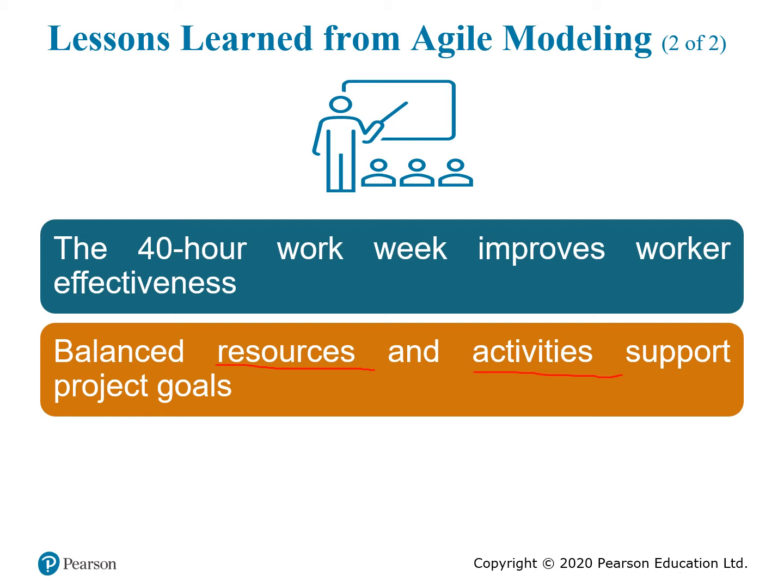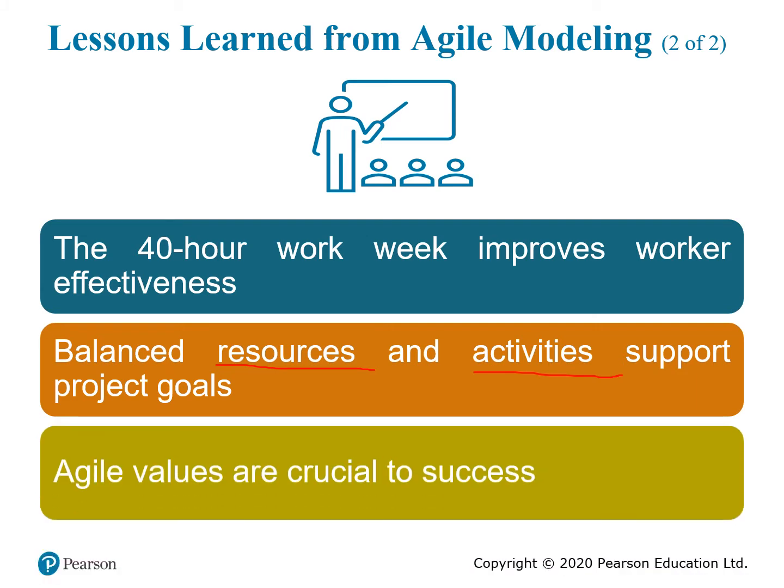And then we should balance all of this within the activities of coding, designing, testing, and listening. Okay, and then the agile values are crucial to success, and we have four agile values: communication, simplicity, feedback, and courage.